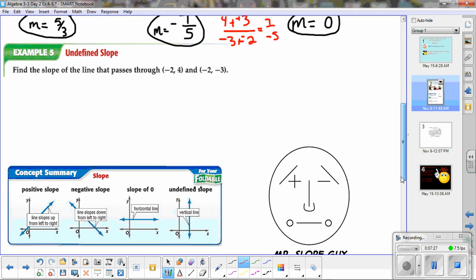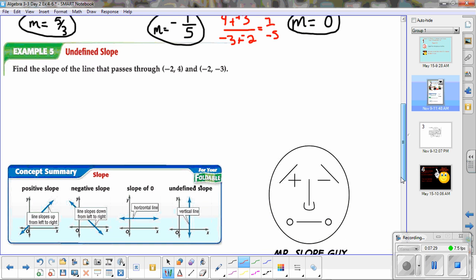Example 5 says find the slope of the line that passes through (-2, 4) and (-2, -3). When we go to do this, y2 minus y1, negative 3 minus 4, and then you want to do that over x2 minus x1, negative 2 minus negative 2.